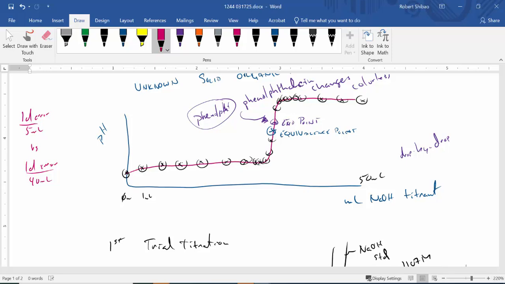You might go, this is the same, I just have a 1-drop error. But this is called relative error. Your absolute error was 1 drop. But with only 5 milliliters, that's 100 drops, so it's a 1-drop error in 100 drops, which is like a 1% error. It's not terrible. But compared to a 1-drop error in 40 milliliters of titrant, which is 800 drops, a 1-drop error in 800 drops is not a big deal, right? Small error.